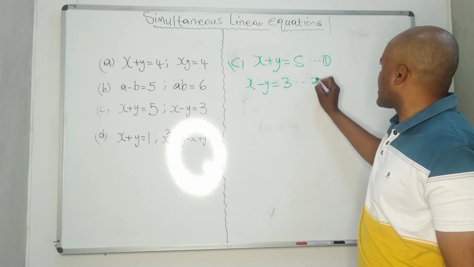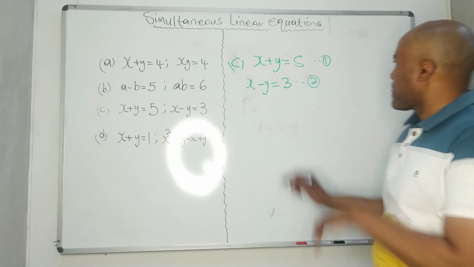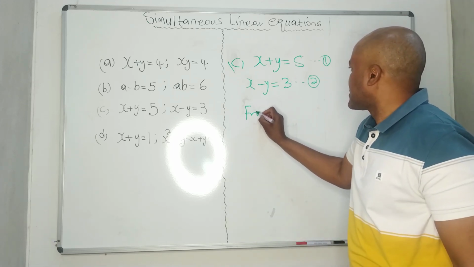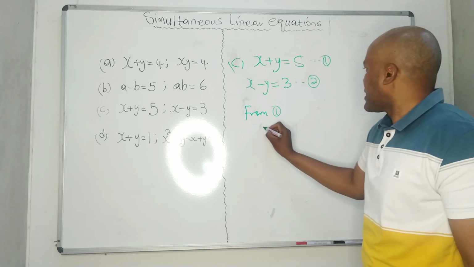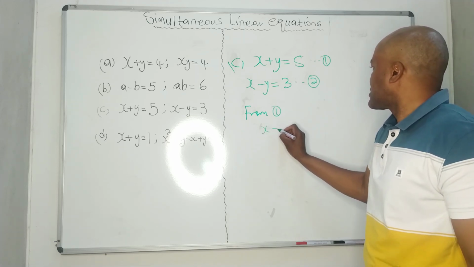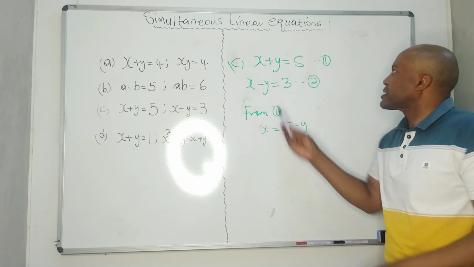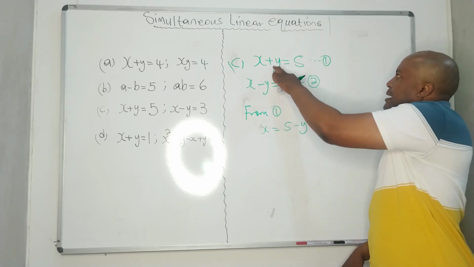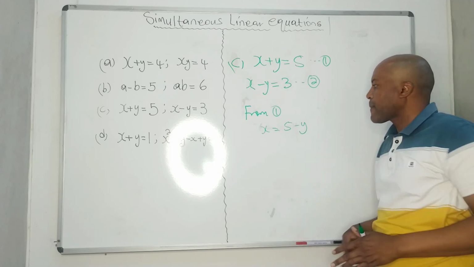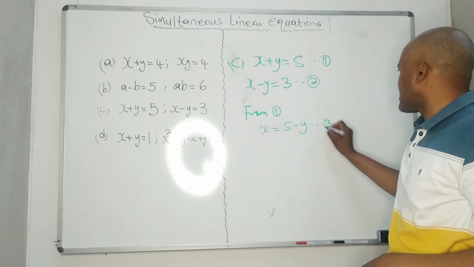I can call it equation 2. Right, from equation 1, x is equals to 5 minus y. I just took the positive y to the other side, and the sign changes to be negative. Then I can call this equation 3.